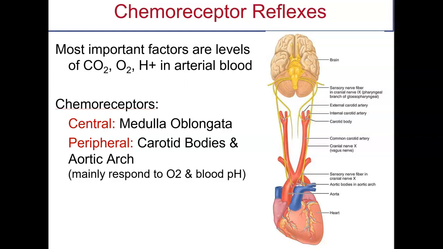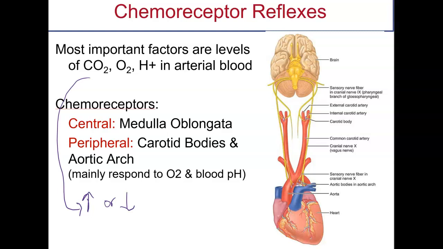When we look at chemoreceptors, we're still looking at CO2, O2, and hydrogen. But a second difference is that your breathing rate, your respiratory rate, can change based on whether your CO2 levels are high or low. So previously, when we looked at blood pressure, chemoreceptors were only stimulated if your CO2 went up, your O2 went down, or your hydrogen ions went up, right?